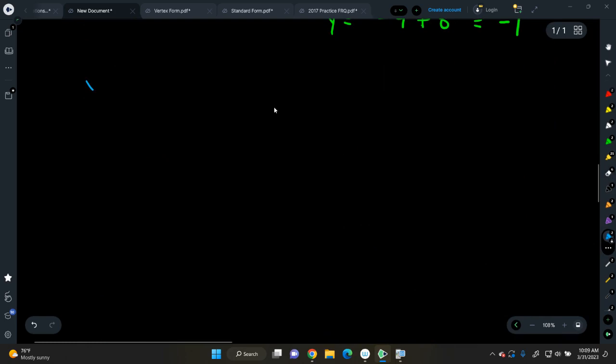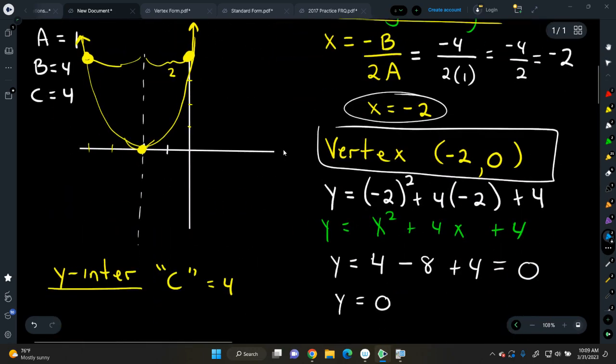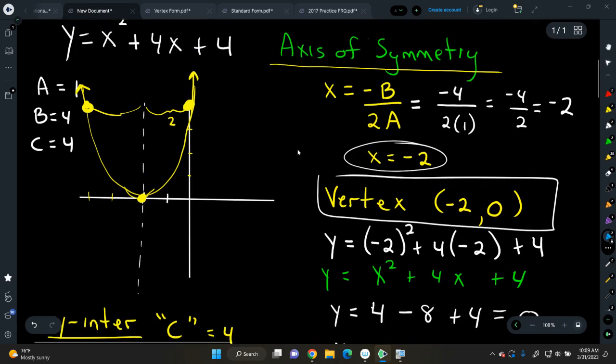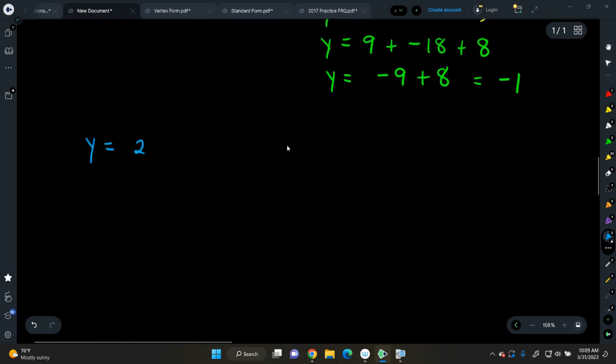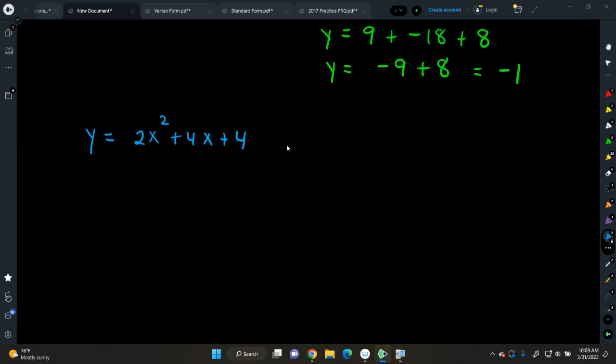Okay, y equals, we're going to do 2, let me see here. Make sure I don't mess this up. Let's do 2x squared plus 4x plus 4. Okay?